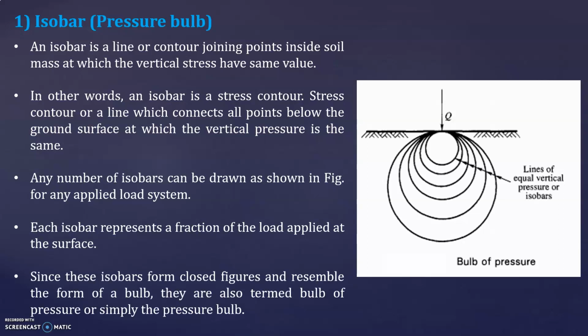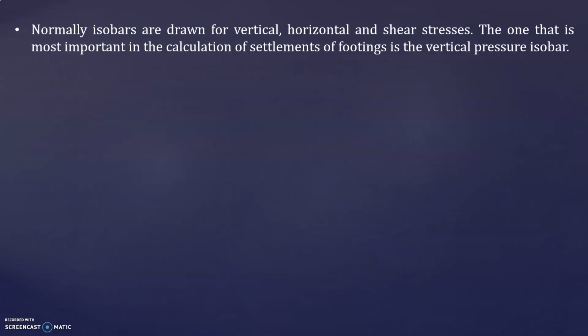Since these isobars form closed figures and resemble the form of a bulb, they are also termed the bulb of pressure or simply the pressure bulb. Because it is a closed figure and looks like a bulb, it is also called a bulb of pressure. Normally, isobars are drawn for vertical, horizontal and shear stresses.